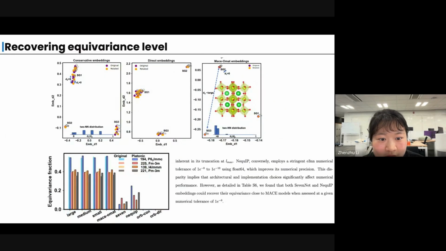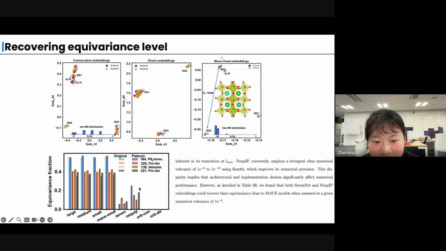Another benefit we observed with the Platonic representation is this. Because the MACE models didn't trim their accuracy, their capability to capture the equivalence of different atomic sites is almost the same between the original space and the Platonic one. But we checked that the 7-net model and the NequIP model try to trim their accuracy.